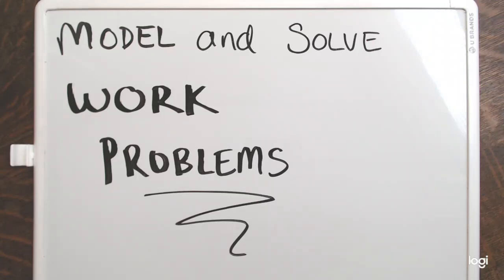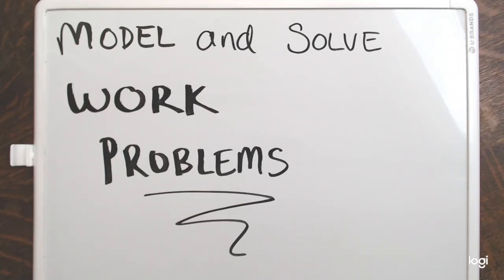They're always doing a fifth of the job every hour, or they're always doing a third of a job every hour, and that never changes. So these are pretty simple work problems, no calculus involved, just some algebra.